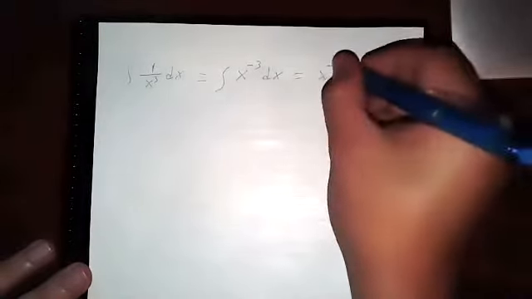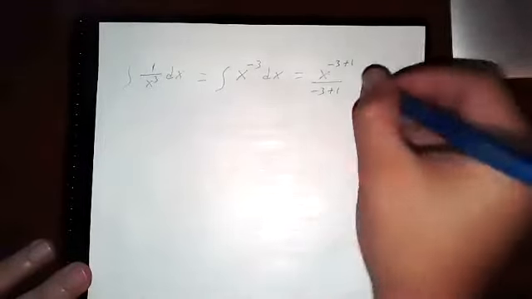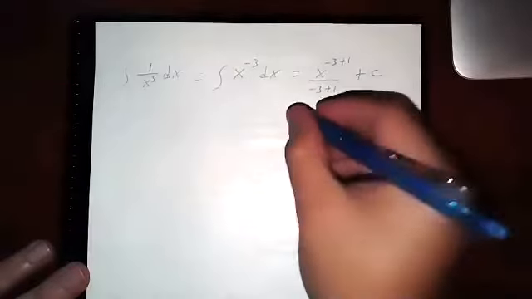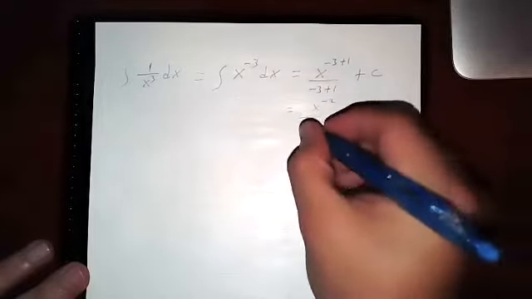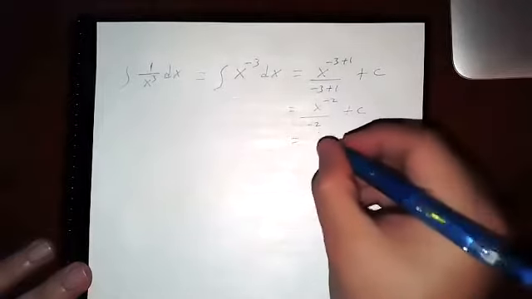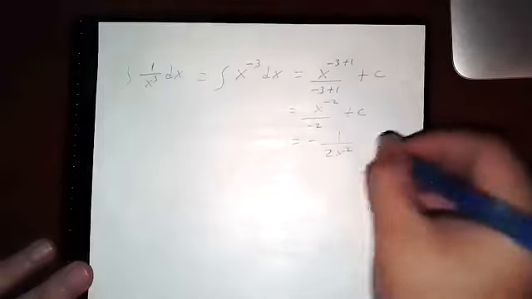So negative 3 plus 1 over negative 3 plus 1 will be your answer. So that is simply x to the negative 2 over negative 2, which is this guy.